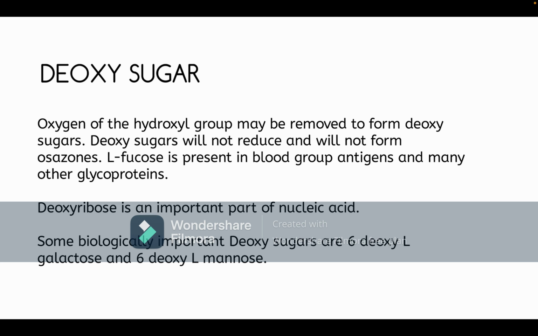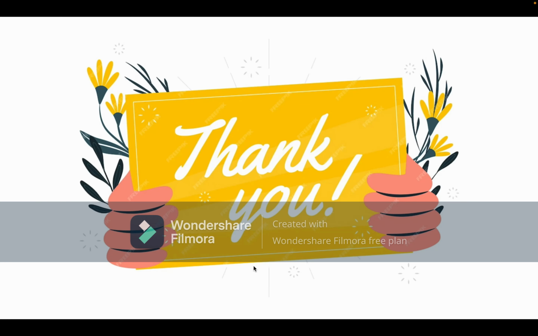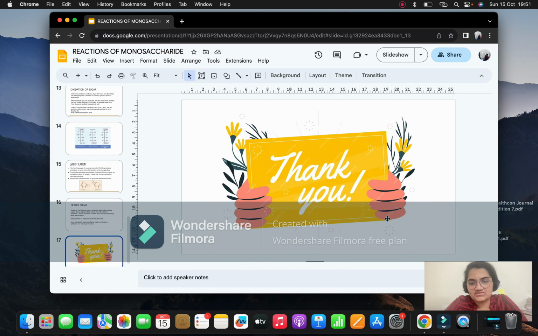And the most famous deoxy sugar is deoxyribose, which is present in DNA, deoxyribonucleic acid. And biologically important deoxy sugars are 6-deoxy-L-galactose and 6-deoxy-L-mannose.